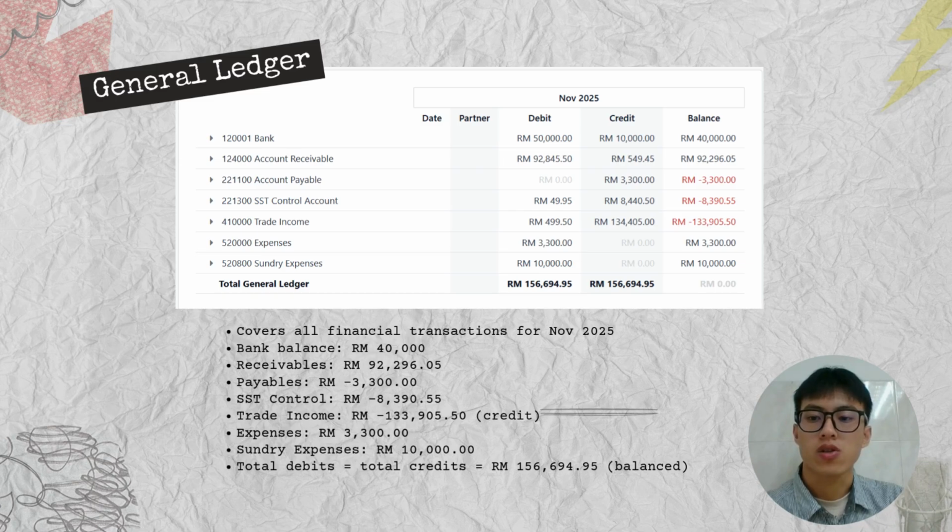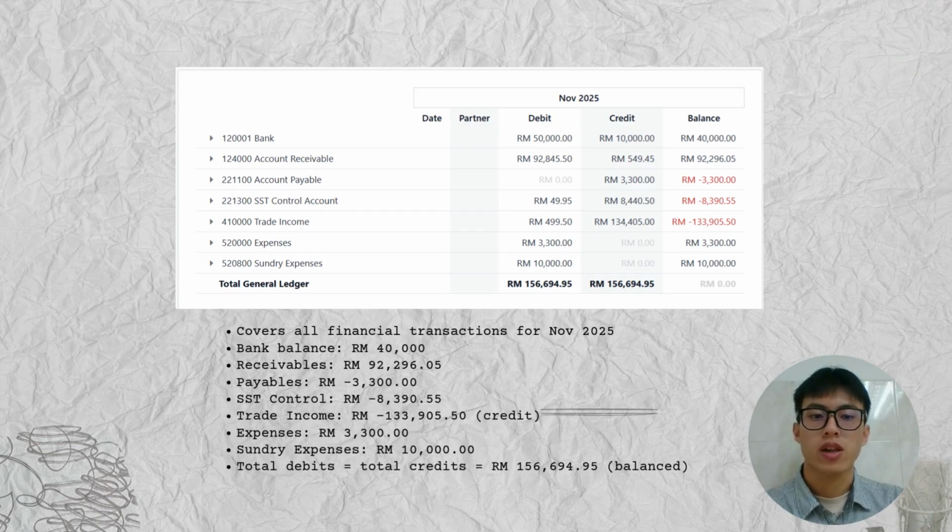The SST control account records tax entries, and the trade income account shows all recognized sales revenue. Operating and sundry expenses are recorded under their respective expense accounts. Overall, the ledger is fully balanced, with total debit matching total credit, indicating that all accounting entries have been properly recorded and the financial system is functioning accurately.